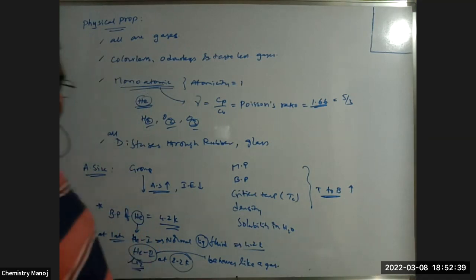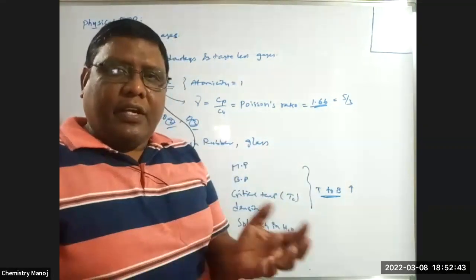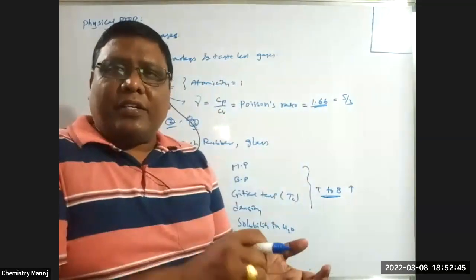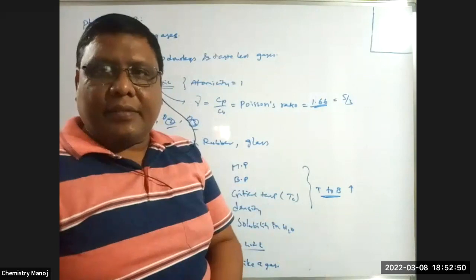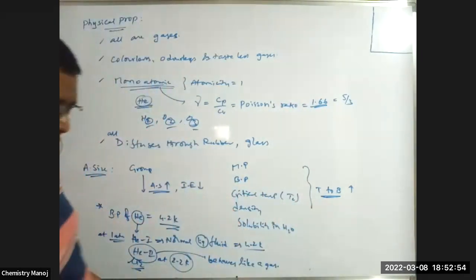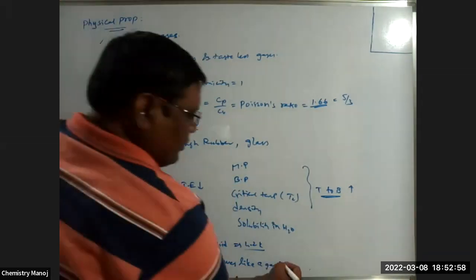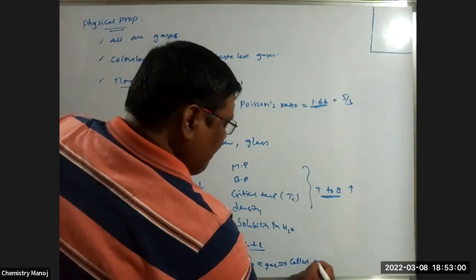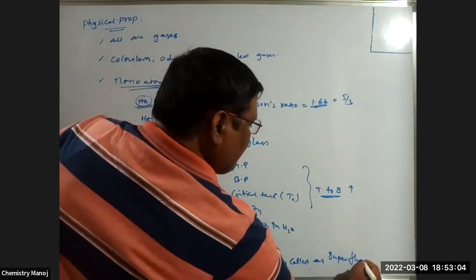No doubt helium 2 is a liquid, but if we pour this helium 2 liquid, it moves in the upward direction instead of downward, just like a gas. That behavior is considered a special behavior of helium, and so it is called a superfluid.